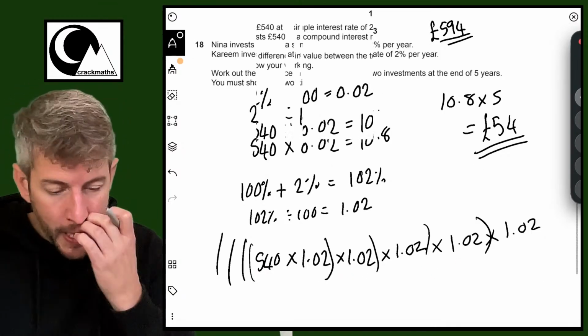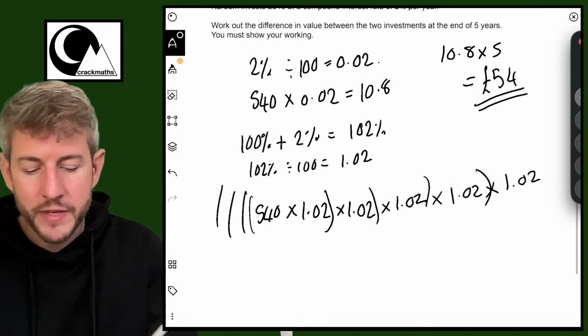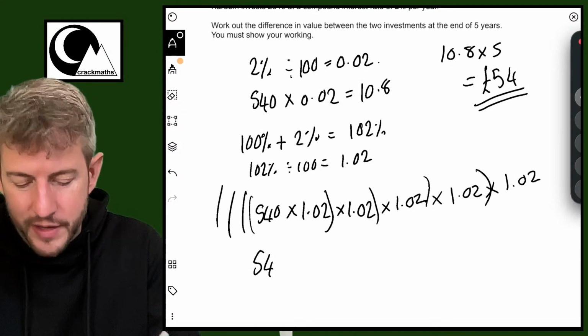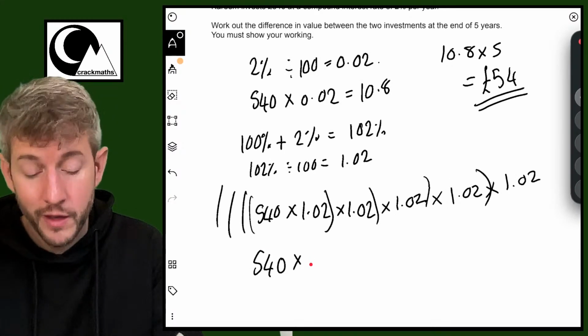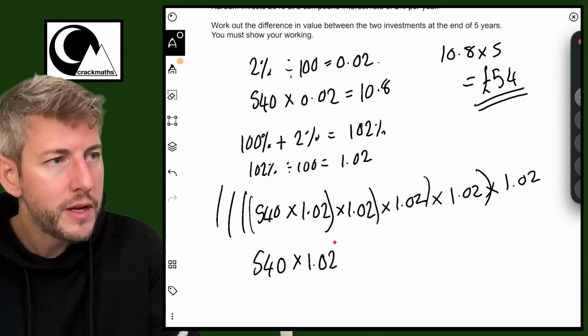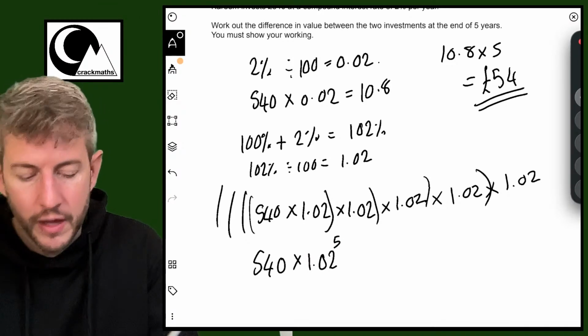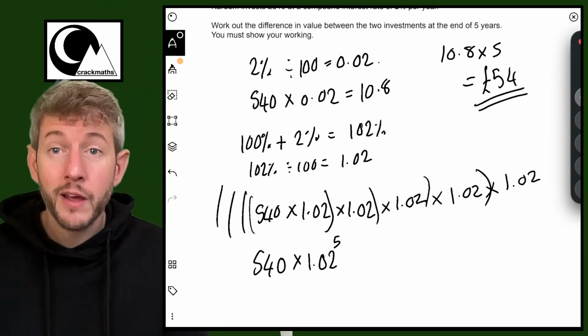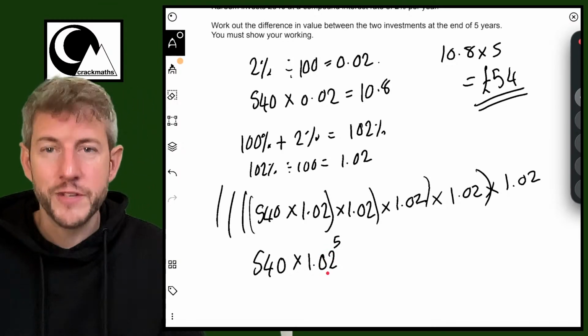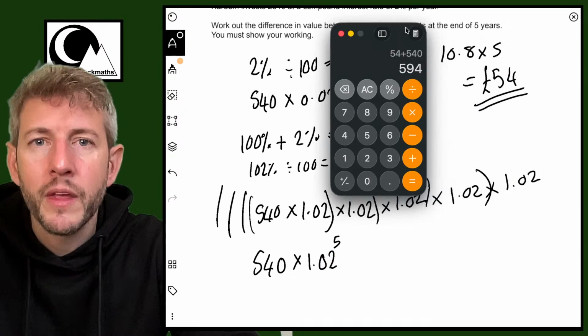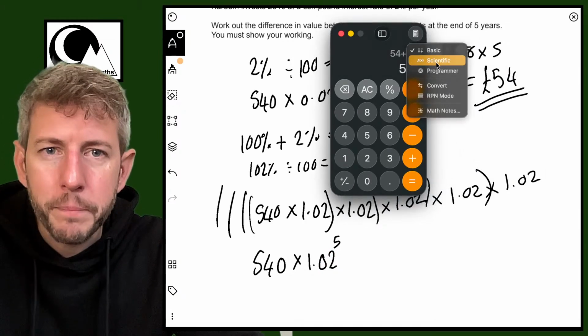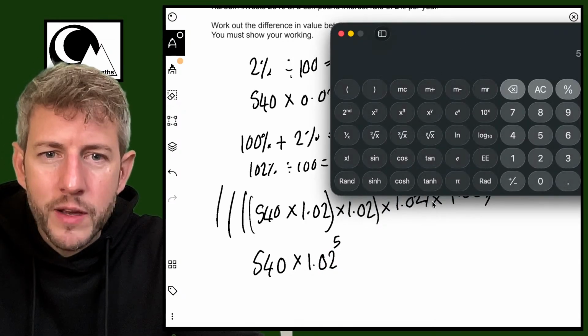Now, to do it like that is going to take quite a long time to type into the calculator. So what I can do instead is 540 times 1.02 to the power of 5, because the power of 5 means multiplying it by this 5 times, and that's exactly what we want to achieve. So let's change to the scientific calculator.